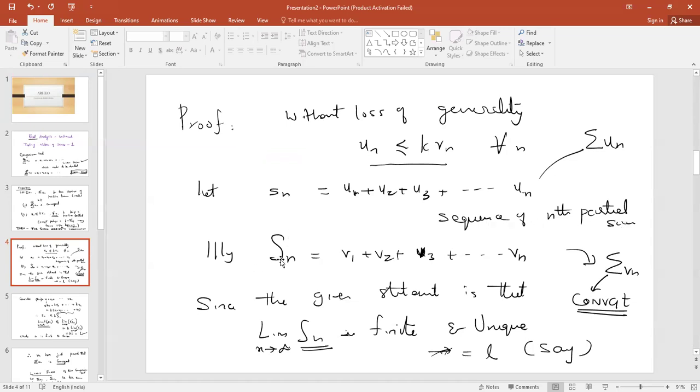Similarly, capital Sn is v1 plus v2 plus v3 up to vn, the nth partial sum sequence of summation vn. Now we are knowing something about the latter series, not the former.